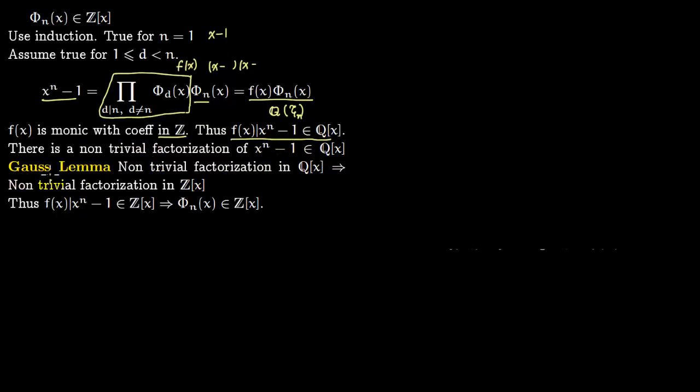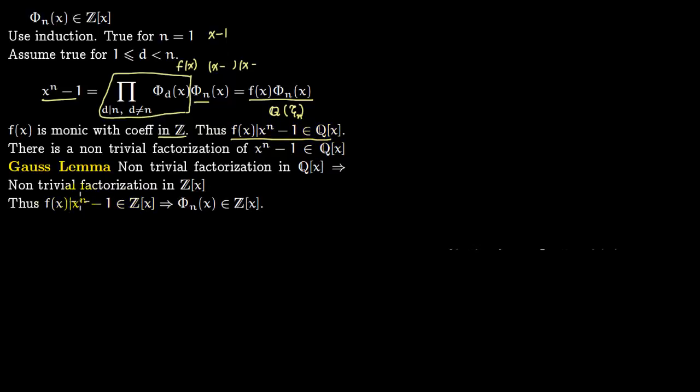So now focus on Gauss's lemma. Gauss's lemma says a non-trivial factorization over the rationals implies a non-trivial factorization over the integers. So this statement, which I am writing right here, carries over from the rationals to the integers.